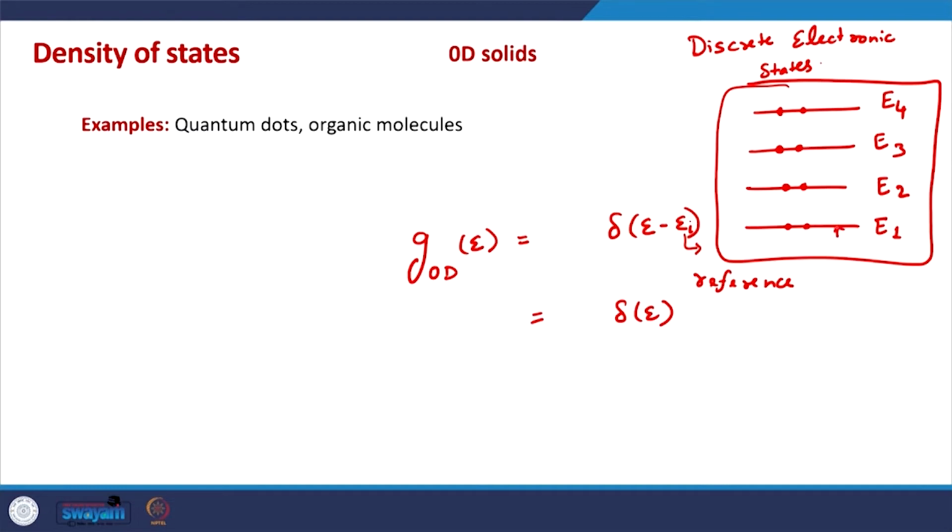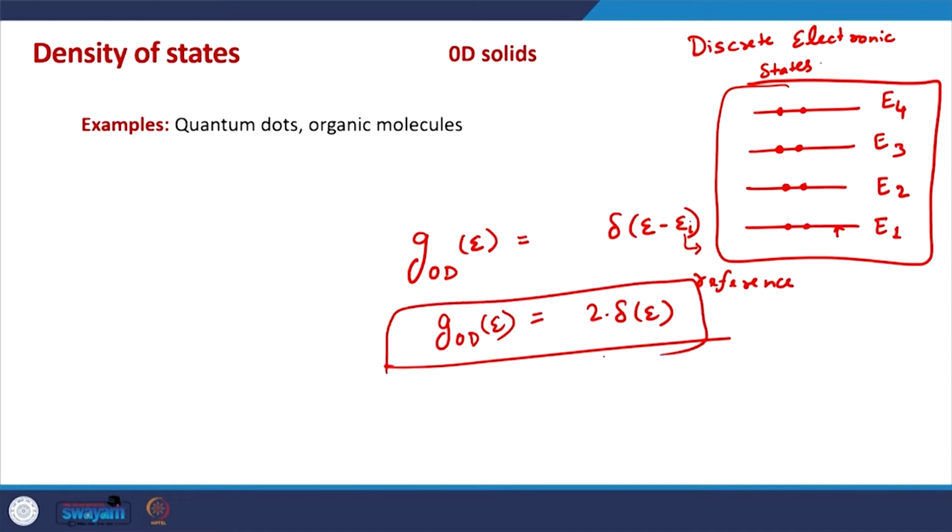That would make their quantum numbers different, at least the spin quantum number, and that would not violate any physical principle. So this is the density of states in a 0D material. It is as simple as that, because there is no volume in 0D solids, and the electronic states per unit volume per unit energy can just be given by this delta function.